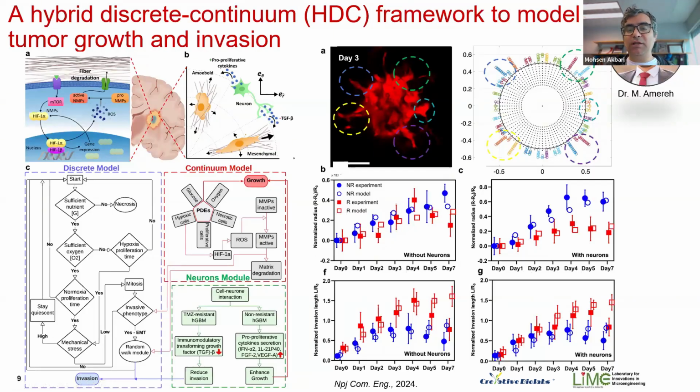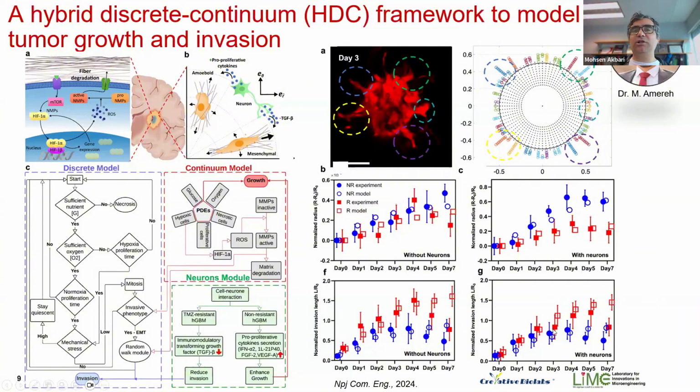But one thing that we observed here was that the impact of neurons was significant in terms of tumor growth in non-resistant cells compared to the resistant cells, while the invasion was not that impacted by the presence of neurons.